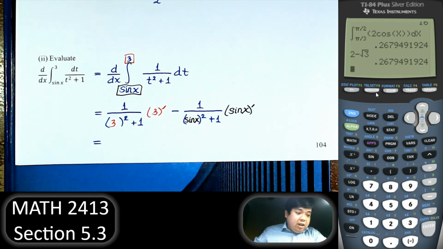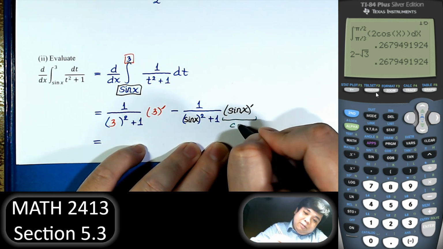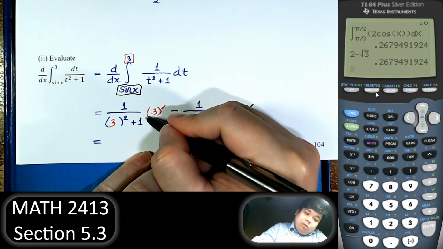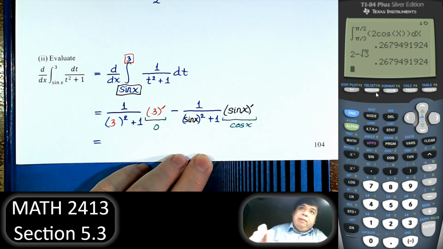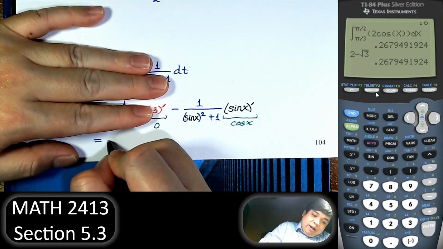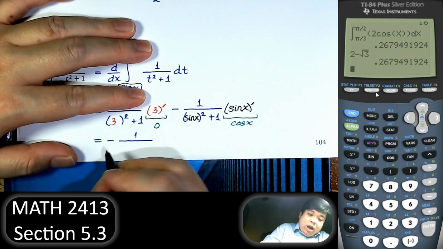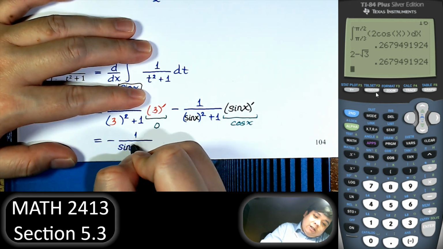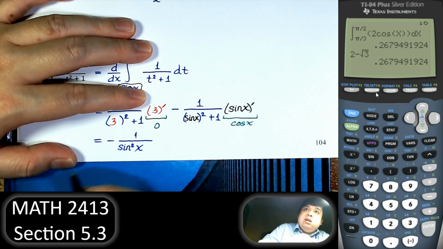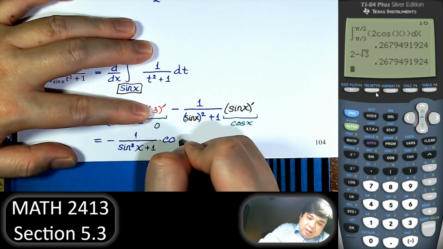The derivative of sine x is cosine x. The derivative of a constant is 0. So that is 0, and we have negative 1 over sine x squared, which we can write like that, plus 1 times cosine of x.